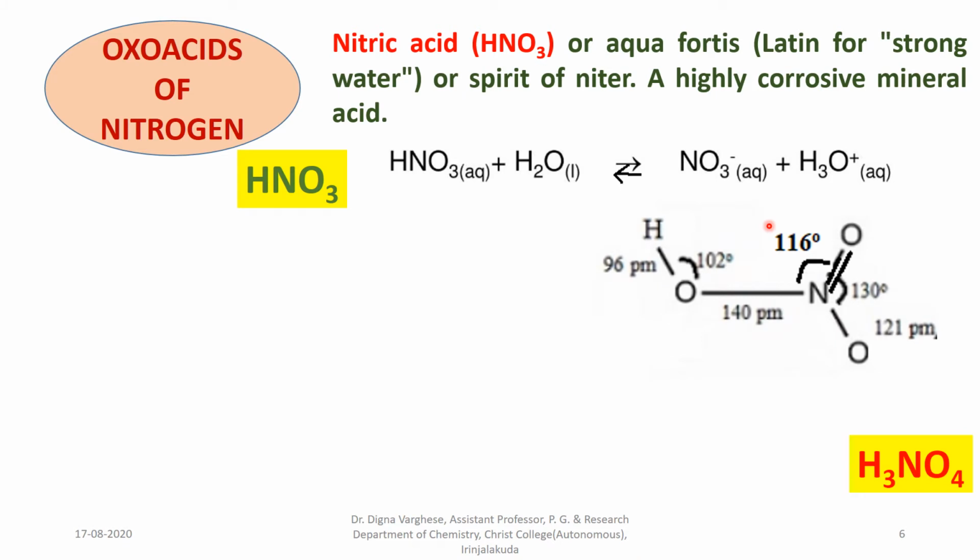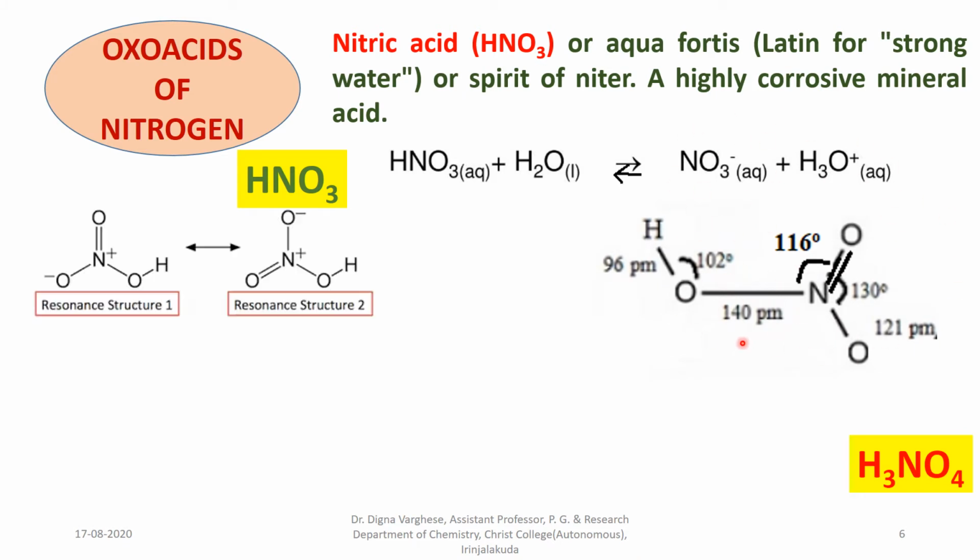Its structure is a planar molecule which is a resonance hybrid of the two structures given here. In this, the hydroxyl OH bond length is 96 picometer, the oxo nitrogen bond length is 121 picometer, and the oxygen nitrogen bond length is 140 picometer.